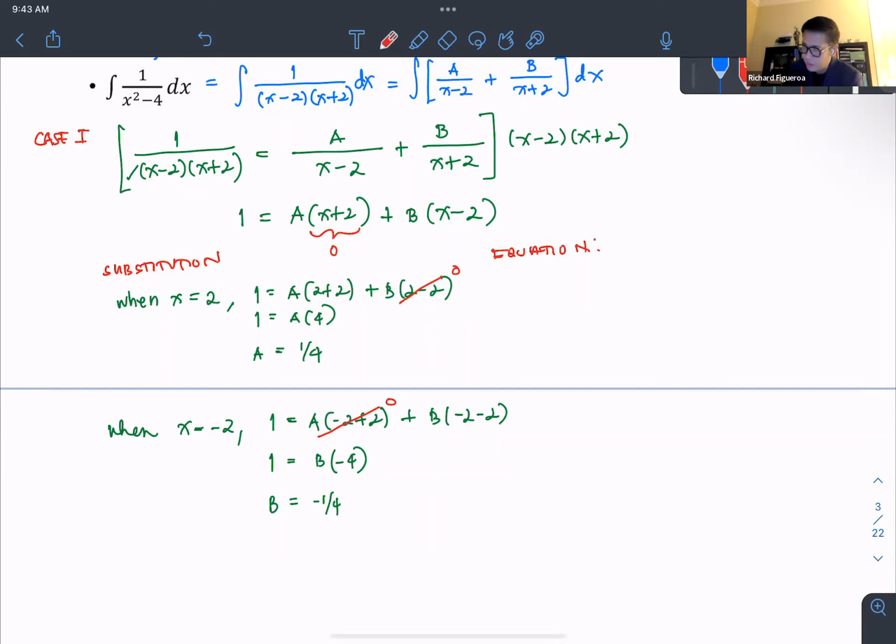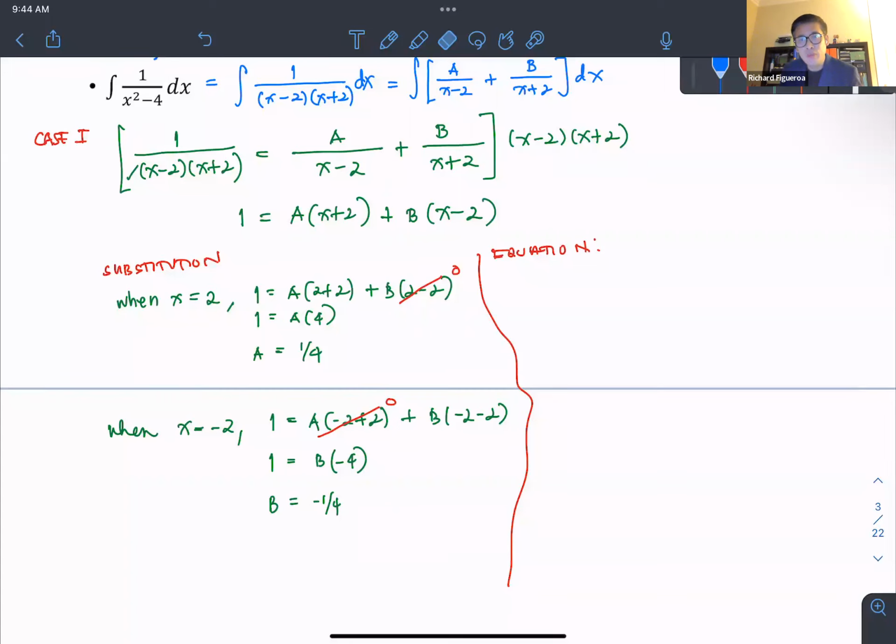But as I mentioned, there is another way on how to do it. Let's try the other way. The other way is we're not going to think of any arbitrary values for x. Rather, we're going to equate coefficients.